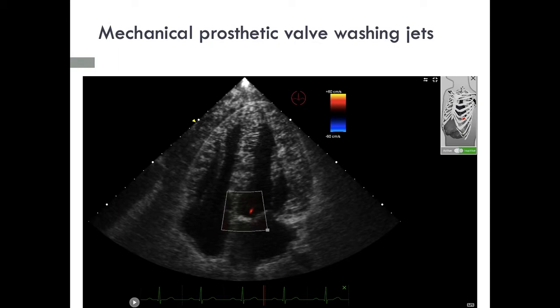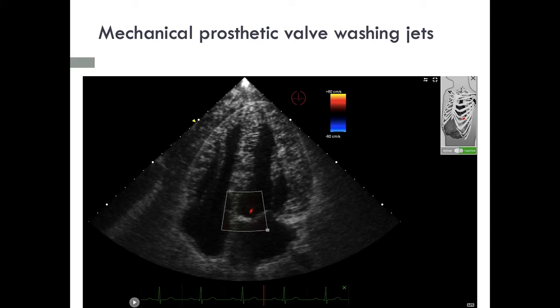We need to remember that when we image mechanical valves, they do have built-in aortic regurgitation. Because the foreign surfaces of a mechanical valve are by their nature thrombogenic, the valves are engineered to have a constant flow of blood across the artificial surfaces.